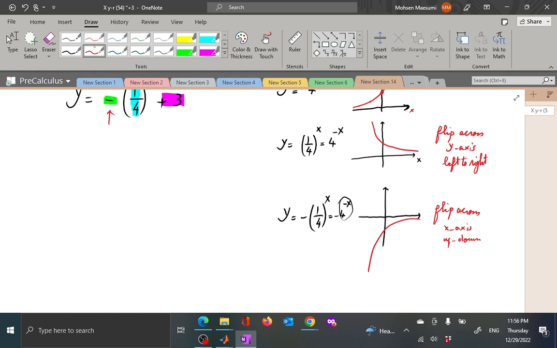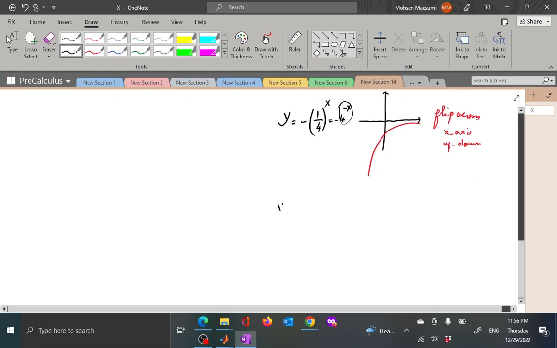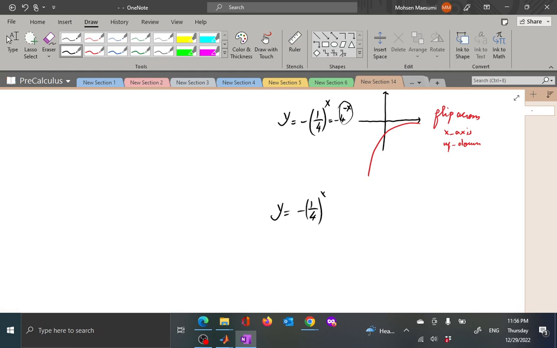Finally, what do we do here? Finally is adding a 3. Well, this is a translation. We have learned about translation. If you add a number to a function, after it's all done, it lifts it by that amount. So if I have y is equal to minus (1/4)^x, and now I add a 3 to it, whatever graph I had before is going to be lifted up by 3 units.